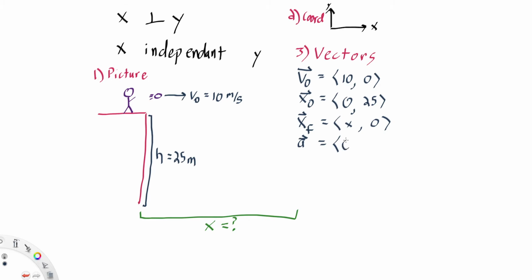It is 0 in the x direction, and it is, say, minus 9.8 in the y direction. Except I'm not going to write down 9.8. To start off with, I'm just going to write g. And the reason for that will become clear in a moment.